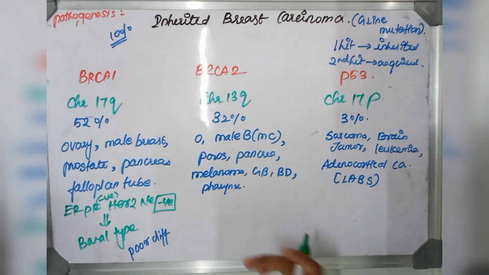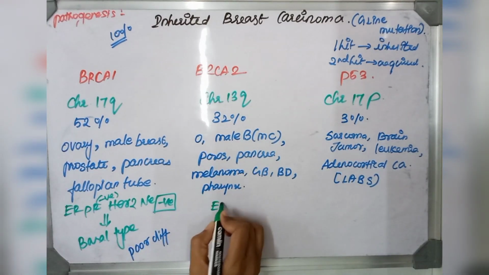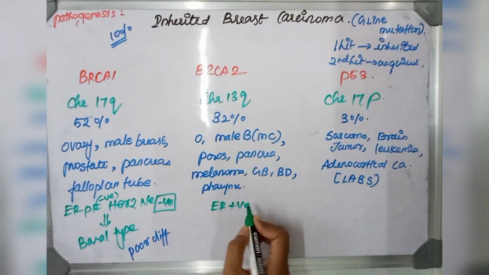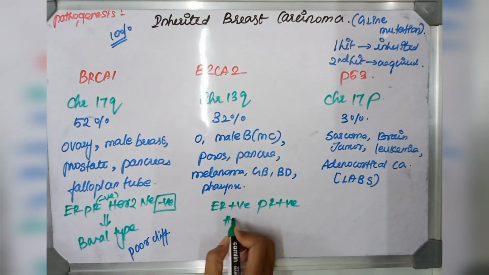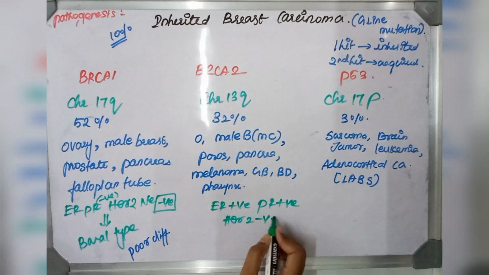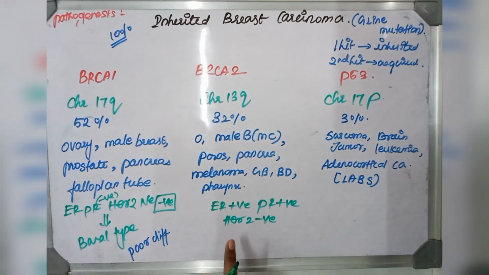Here, ER positive, PR positive, HER2 negative. What is that? ER positive, PR positive, HER2/neu negative. So this is ER PR positive means luminal type, HER2/neu negative. So it is luminal, which shows better differentiation.